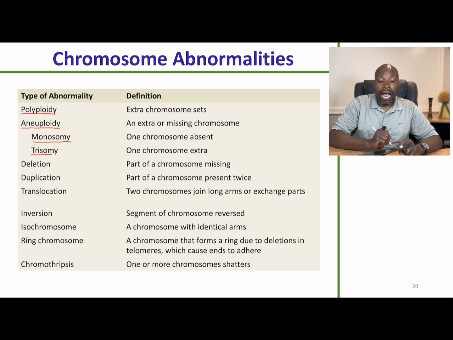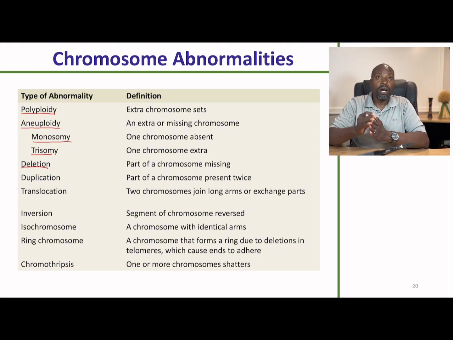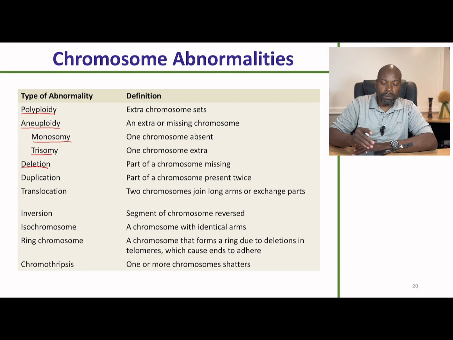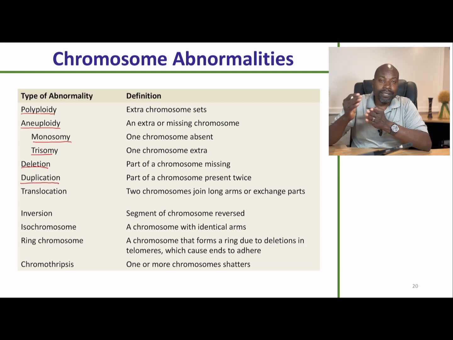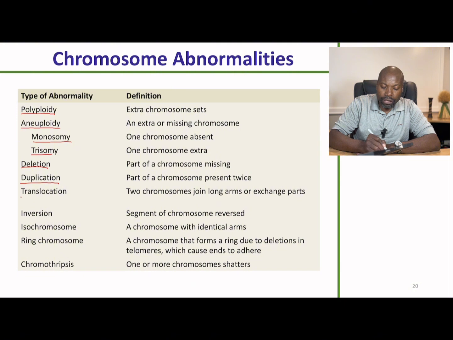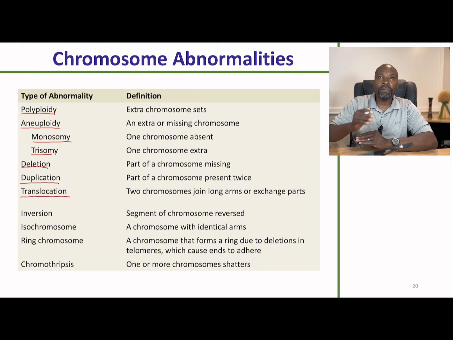Then, other abnormalities are deletions, so loss of a segment of the chromosome. Duplication, it's twice a particular segment of the chromosome. Translocation, it's basically changing positions, right? From one position to another position.